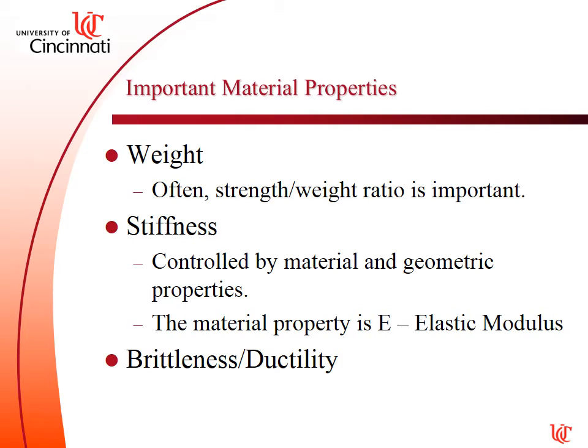What about stiffness? What about the ability to deform? How stiff is concrete? How stiff is steel? How stiff is wood? Stiffness is not just a material property, but also a property based on the geometric properties of the cross section.